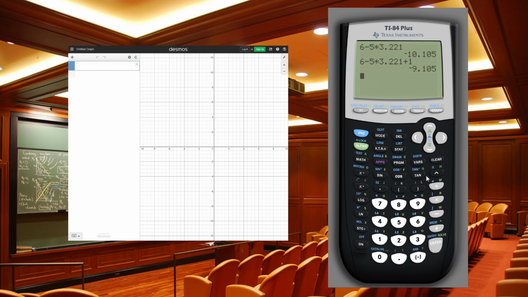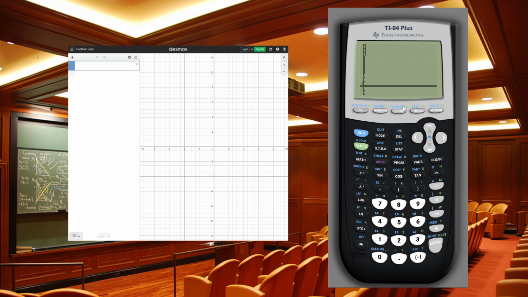Alpha activates the green text, which are probably a little bit more rare at this stage in the game, but still good to know. This is how you access these keys. And same for this top row here. We're going to have a separate video on how to use the graphing function, but these keys here tell you what they do, where we put the function in y equals, setting the window up for viewing, and then looking at the actual graph.